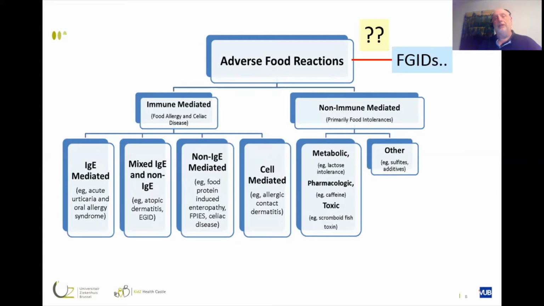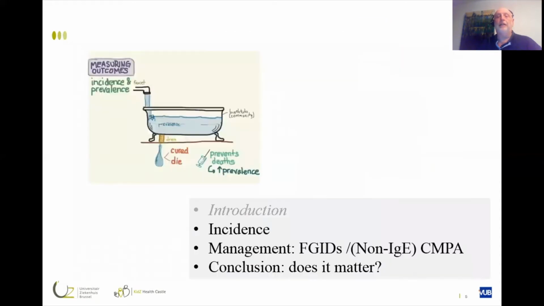But the question is, is there in fact a difference between adverse reaction to cow's milk protein, hypersensitivity reactions, non-IgE mediated reactions, or functional gastrointestinal disorders? How to demonstrate the difference in daily clinical practice?